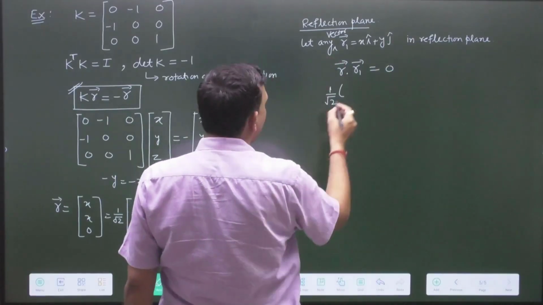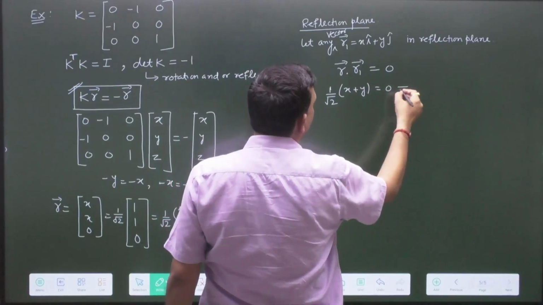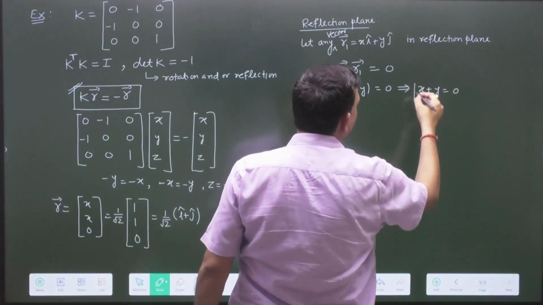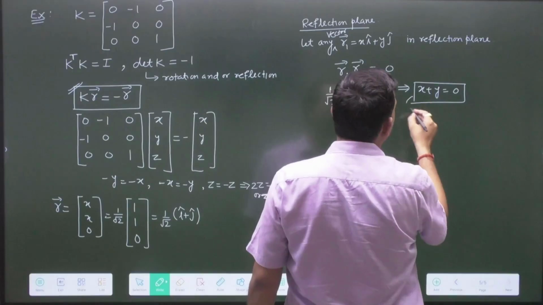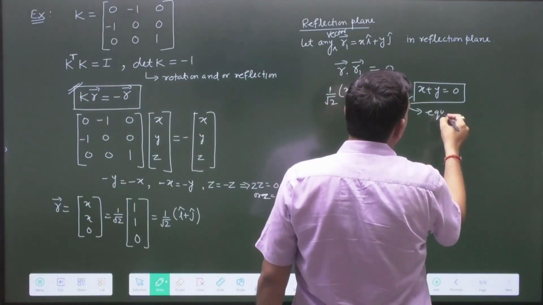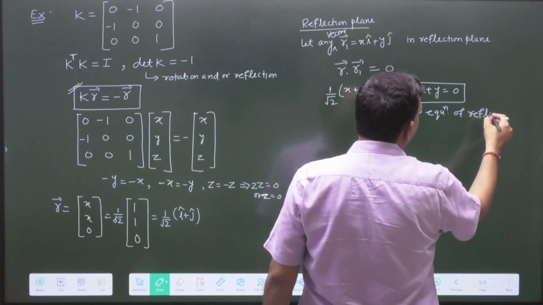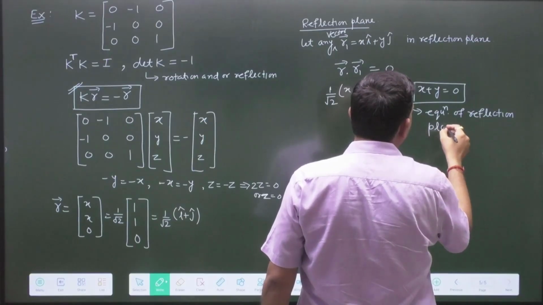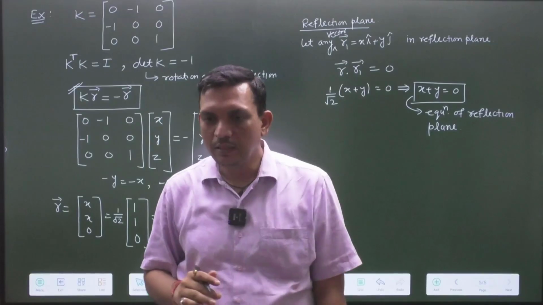So this will be x plus y is equal to 0, and this is the reflection plane. This is the equation of the reflection plane. So you can identify what the reflection plane will be.